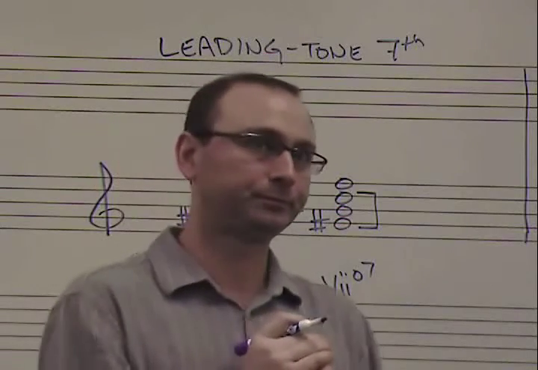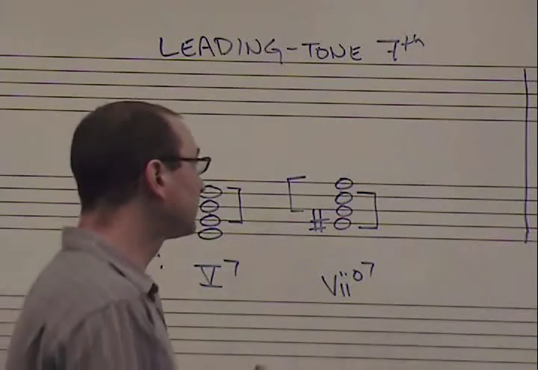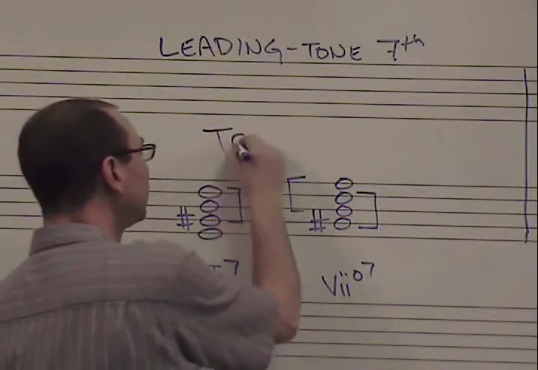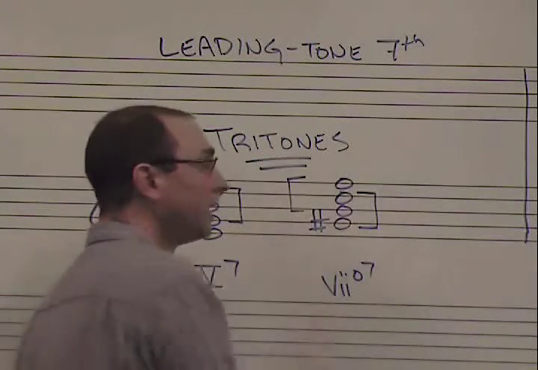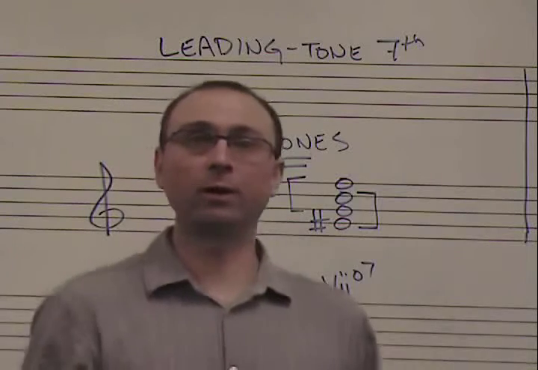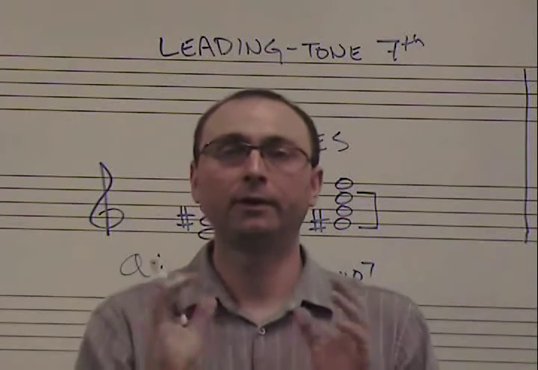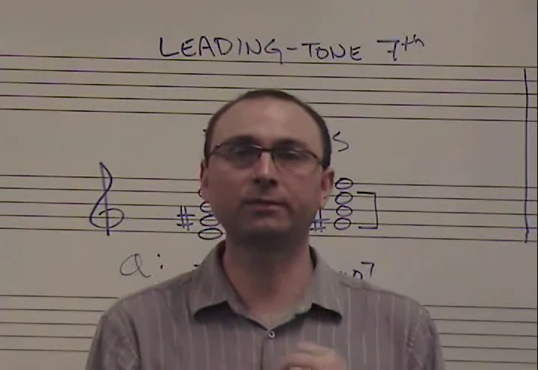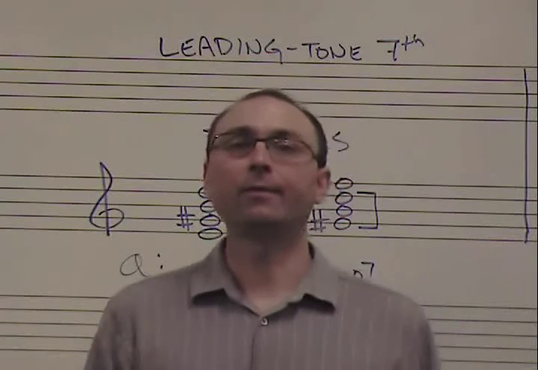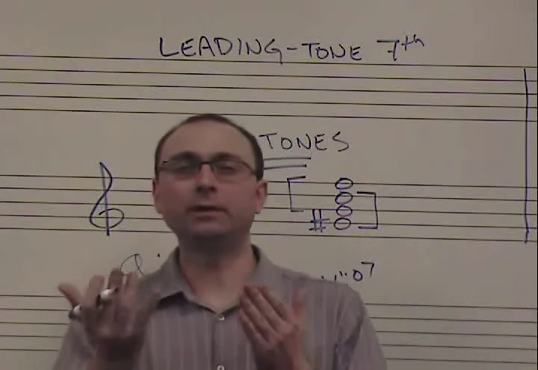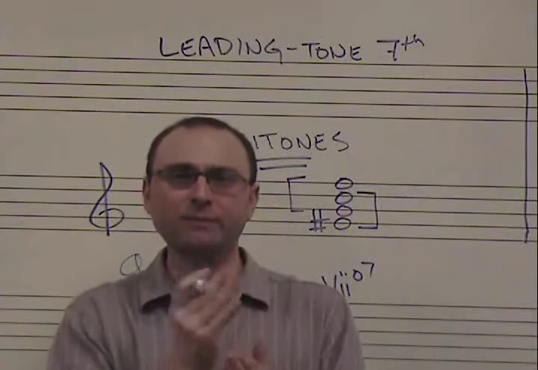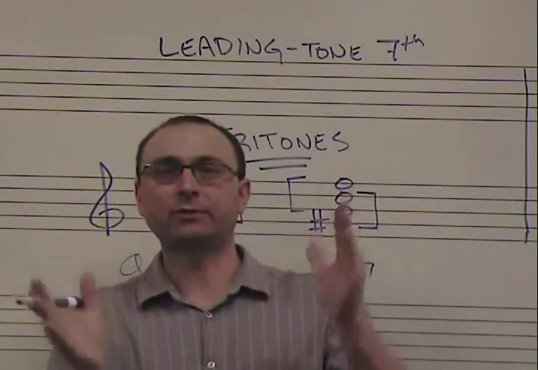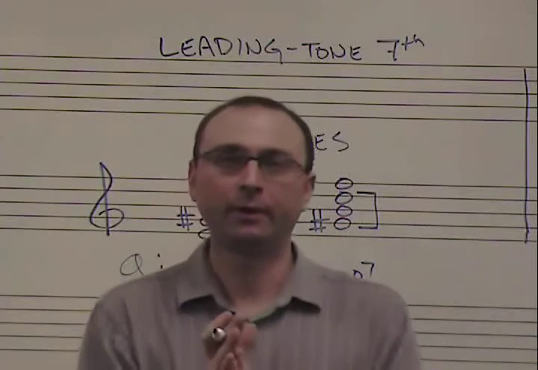Okay. So, it's important to know where the tritones are found in these two chords, because in four-part writing, the tritone is going to be considered when we progress this chord to the next chord as the tritone resolves.